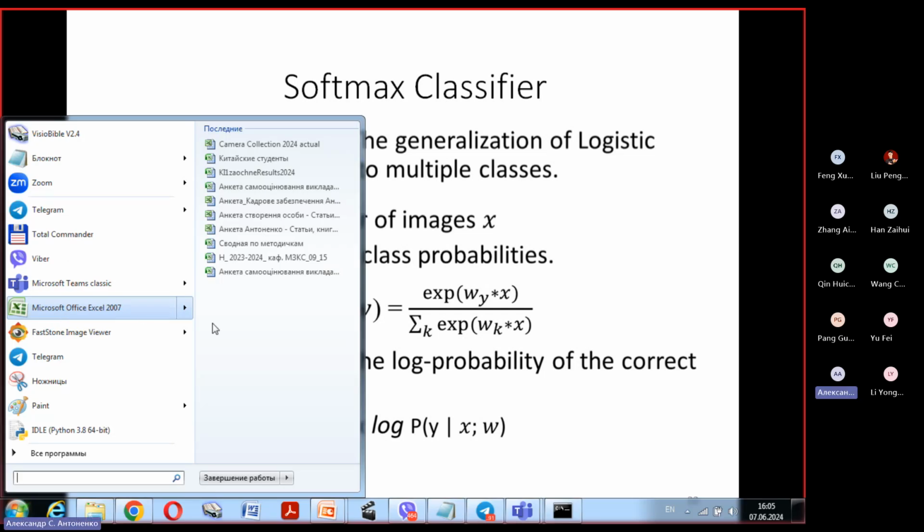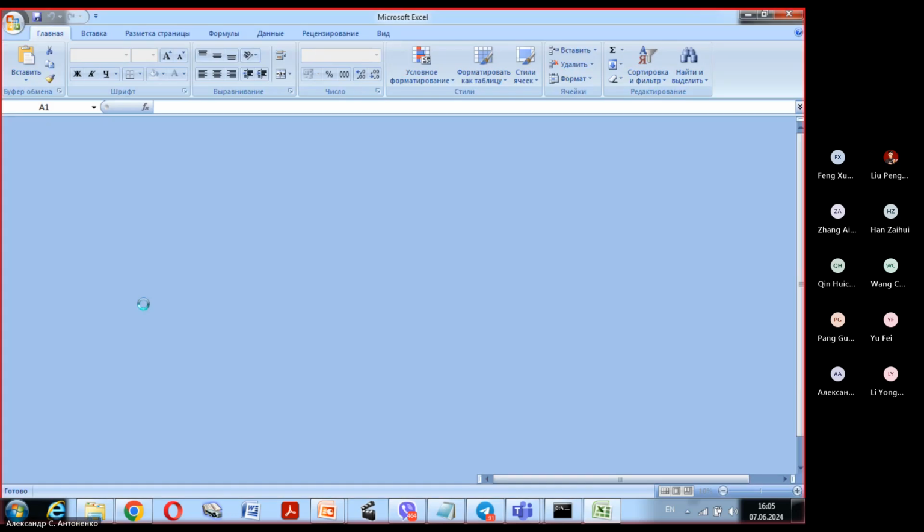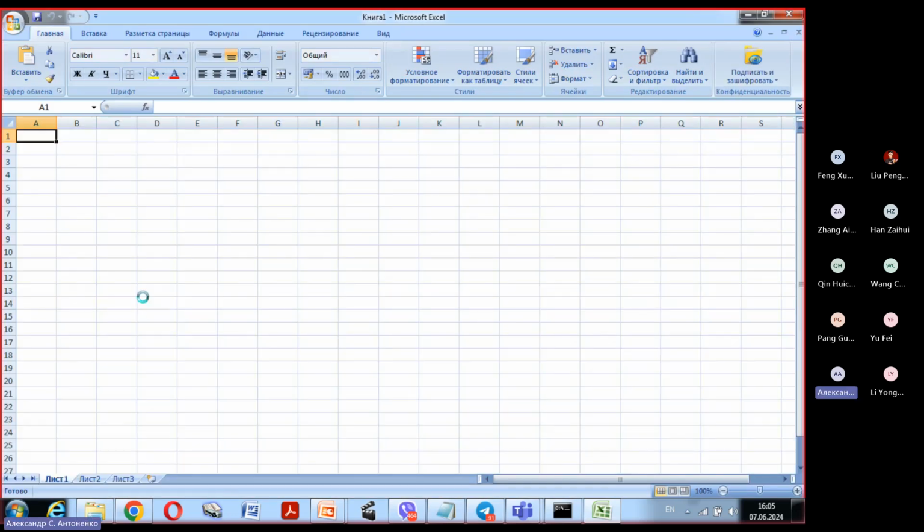We can take several numbers, for example, these, which can include some negative values.